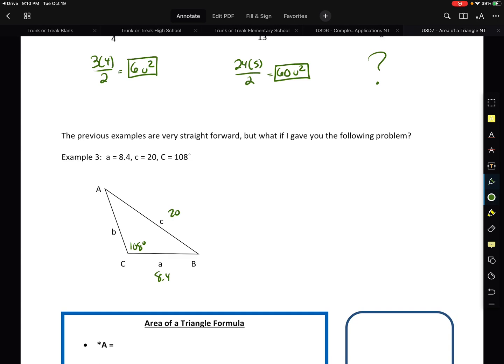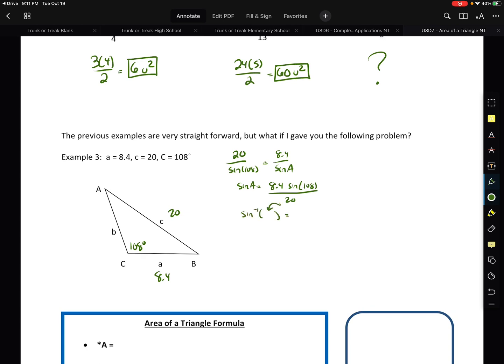All right, so let's go through this and find our information, so kind of practice things out. We know we have law of sines. If we wanted to solve this triangle out, since we have our complete ratio, 20 over sine of 108 equals 8.4 over sine of angle A. Sine of angle A equals 8.4 times sine of 108 divided by 20.